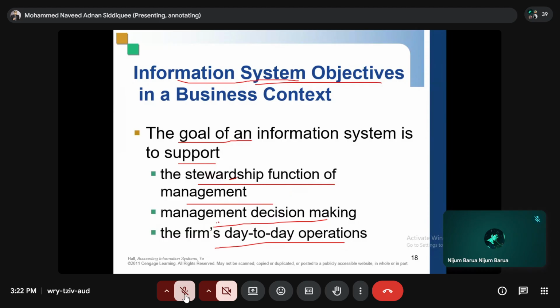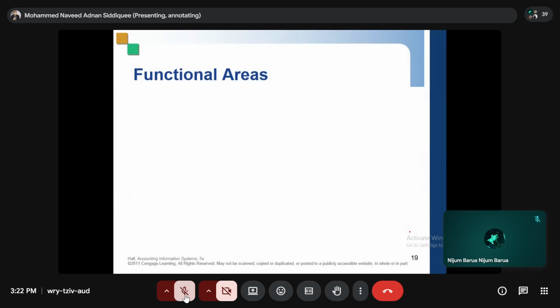Daily management decision making, you need information for that. Everyday operations, to run the company on a day-to-day basis, you need information for that. Different types of users and different levels of employees need different types of information to manage the company.